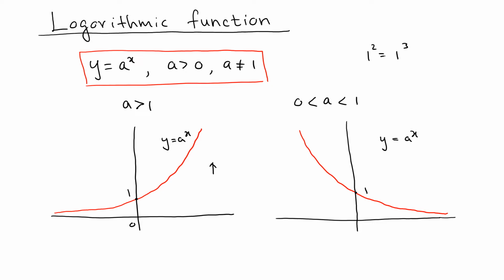When a is a fraction, what happens when x increases is that it gets smaller and smaller. For example, 1/2 squared is 1/4, and 1/2 cubed is 1/8, so you can see it decreases. So when x increases, the function decreases.